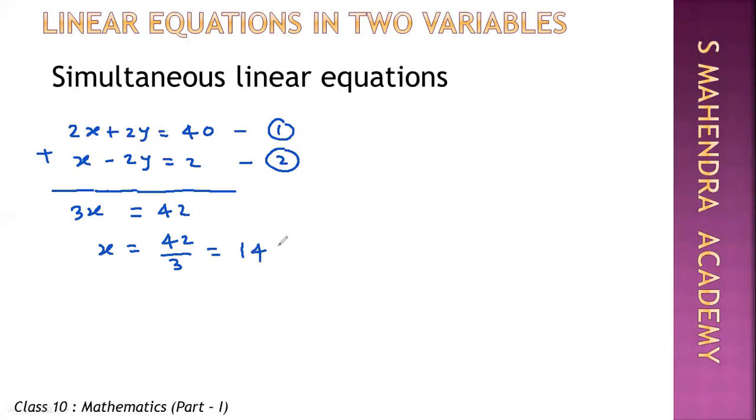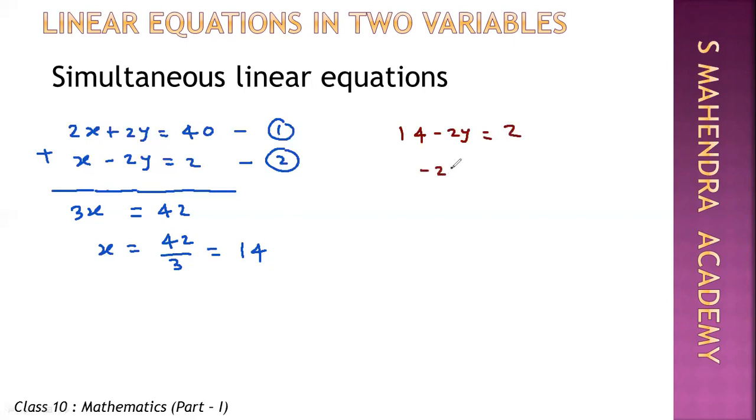Now we will substitute the value of x either in equation number 1 or equation number 2. So we will substitute the value in equation number 2 as 14 minus 2y is equal to 2.